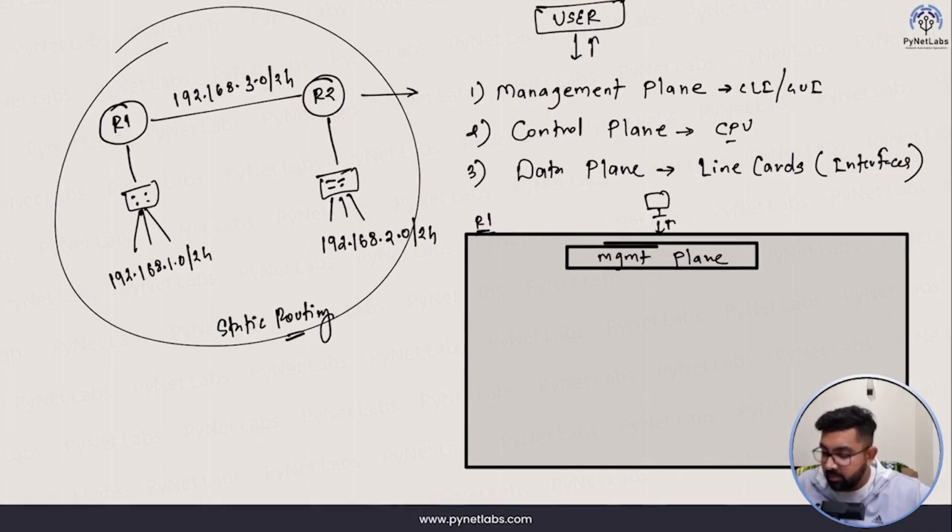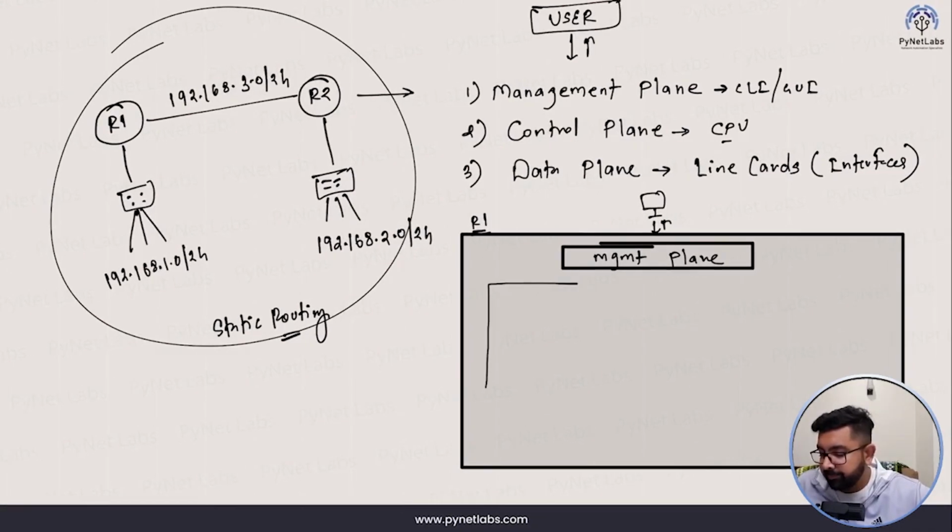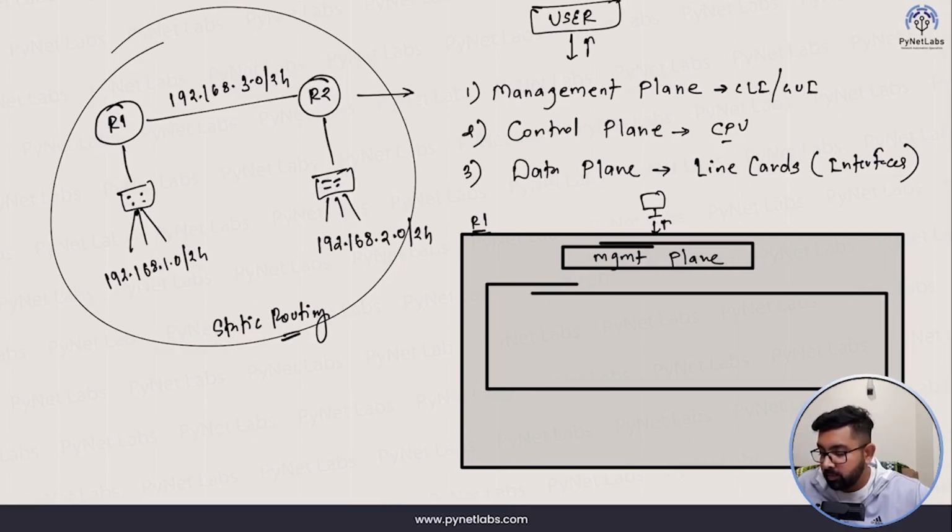The management plane then speaks to the control plane, and let's say it asks you to configure OSPF, to configure EIGRP, and let's say there are also some static routes that are working.